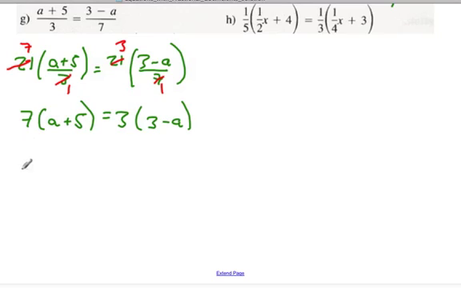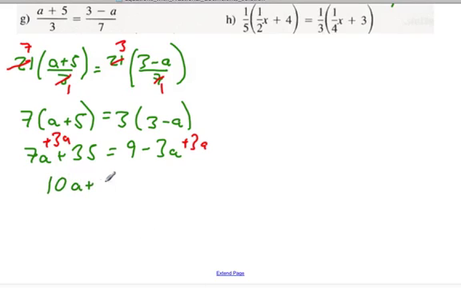When we expand these, we get 7a plus 35 is equal to 9 minus 3a. So I'm going to add 3a to both sides. So I end up with 10a plus 35 is equal to 9.